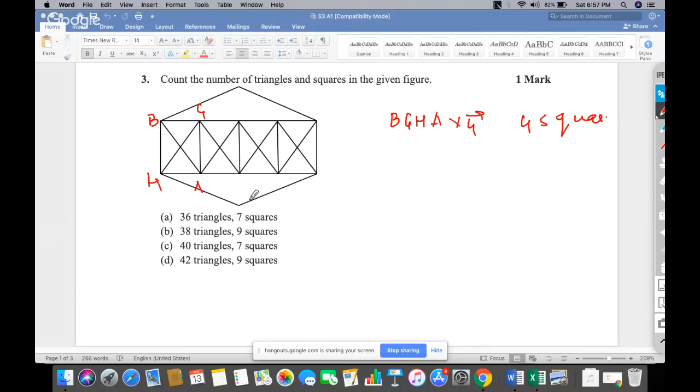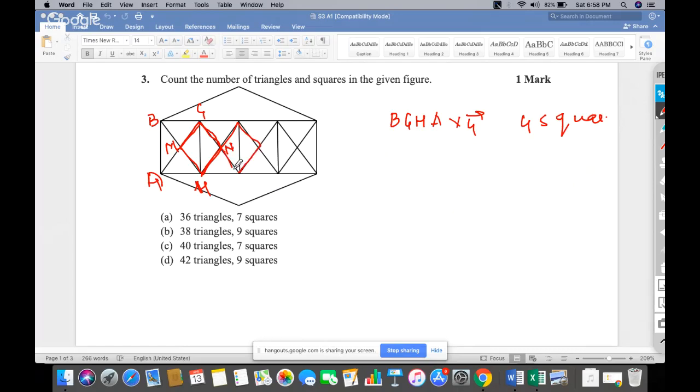Where are the other squares? So other squares are, you look at here. This I named as M, this I named as H, this is N. So other squares are here, M, G, H, and N. This is A, this is H. So M, G, H, N. Then one square is here.